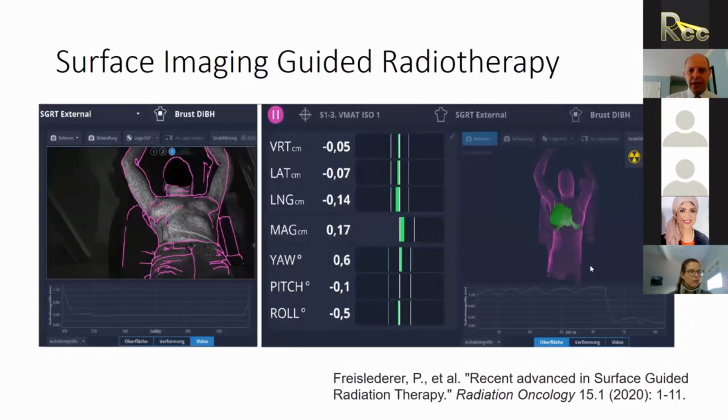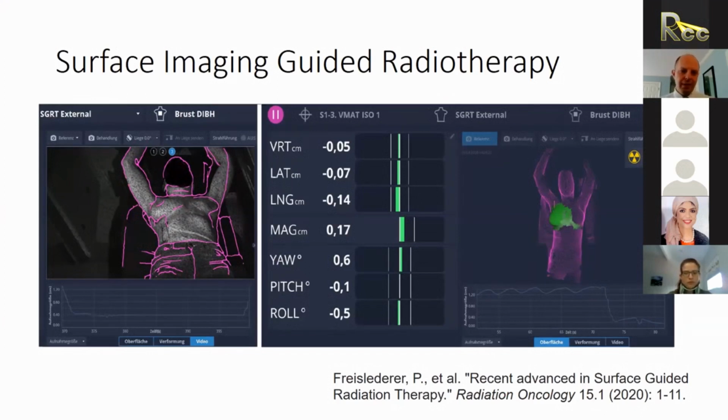All right, the other thing is that I added some slides here because I realized I hadn't talked about surface imaging guided radiotherapy. Surface imaging is newer and it has some big advantages, the main one being that it does not have any imaging dose. So once you have the technology, it's kind of free information for image guidance.